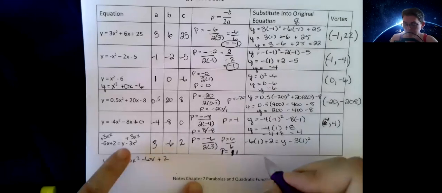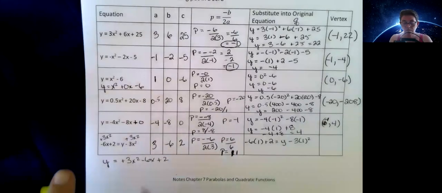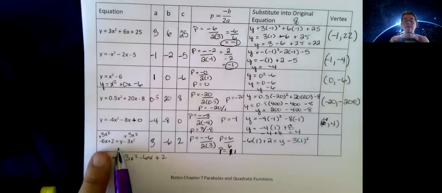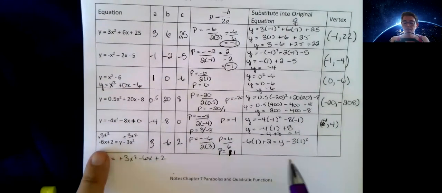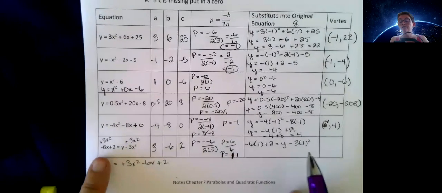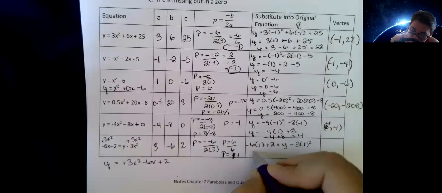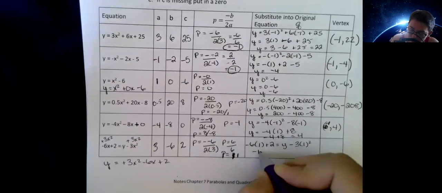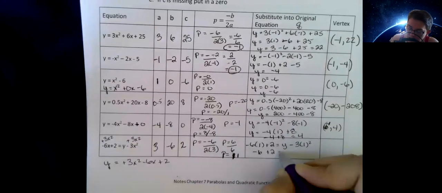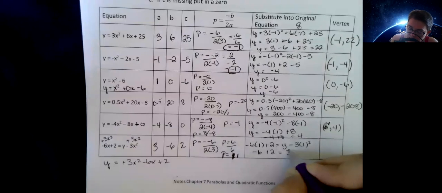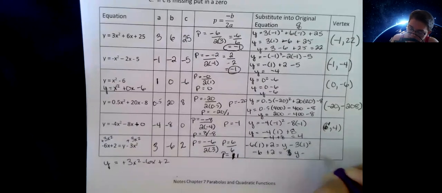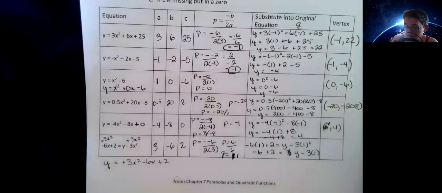All right, so I went back to my original equation because if I mess this up, I don't want to mess it up again. I might be able to find the error if I have one. So minus 6 times 1 is minus 6. Minus 6 plus 2 is equal to minus 4. Whoopsies. Y minus 3 times 1, because 1 squared is 1.